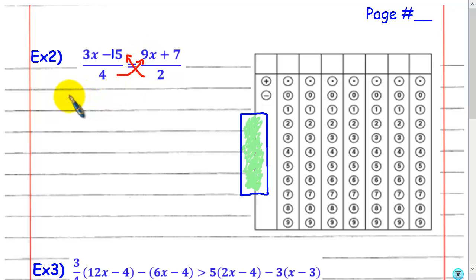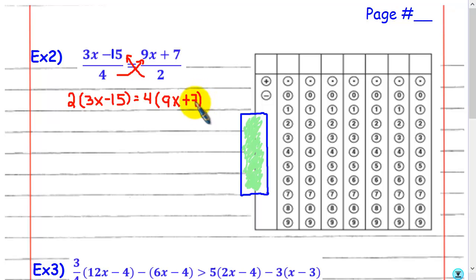And when you move them, that means they're going to multiply. So this would be 2 times 3x minus 15 equals 4 times 9x plus 7.